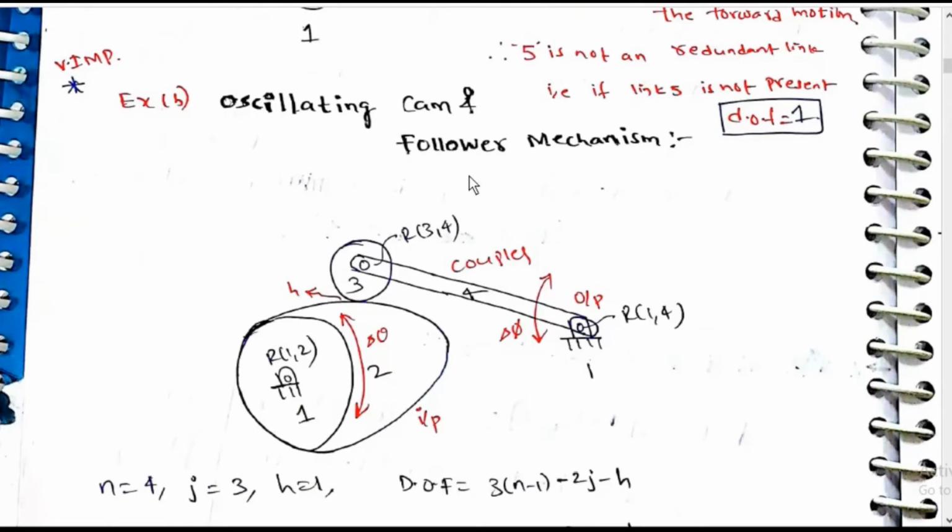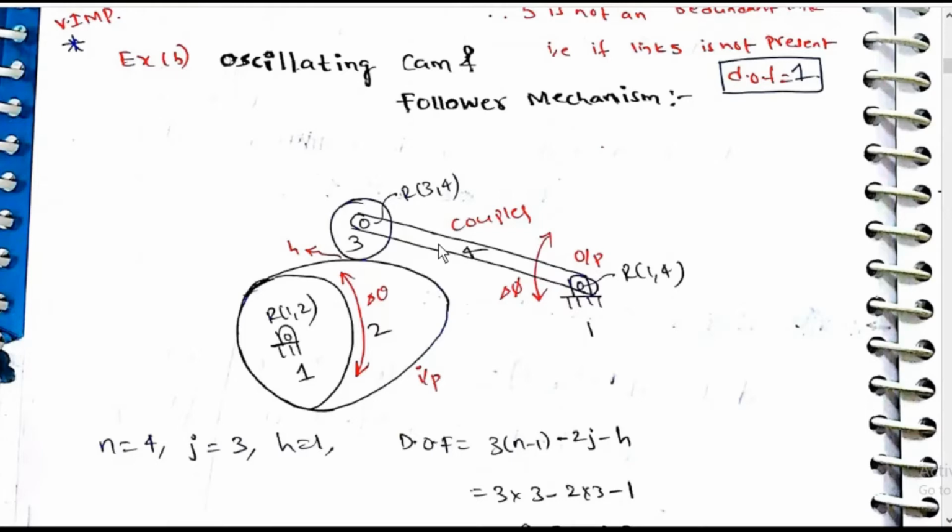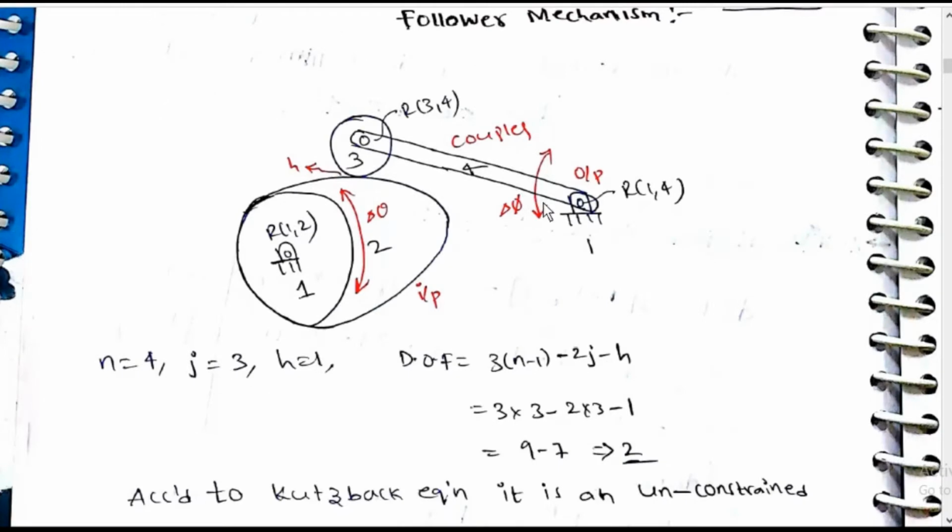Example: oscillating cam and follower mechanism. Coupler, delta phi, delta theta is output. N is equal to 4, links 1, 2, 3, 4. J is equal to 3: 1, 2, 3. H is equal to 1.